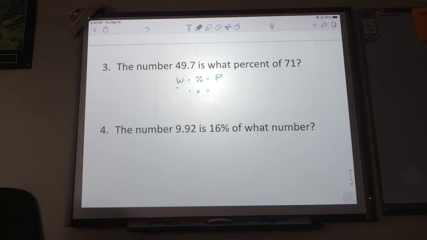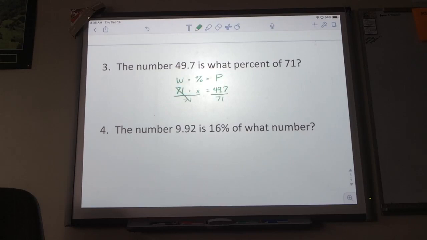So 71x equals 49.7. How do I get that x by itself? Divide, because it's being multiplied by 71, so we're going to divide by 71. And you can see, once we divide by 71, that's actually what we talked about at the beginning. Part divided by whole.